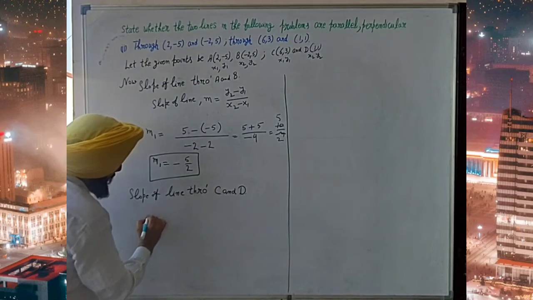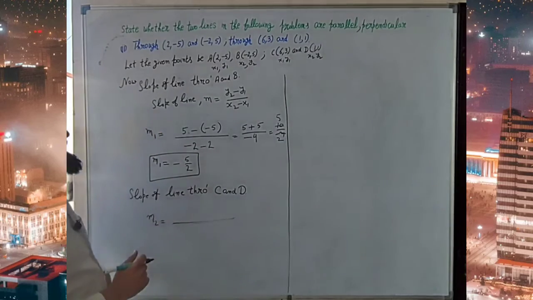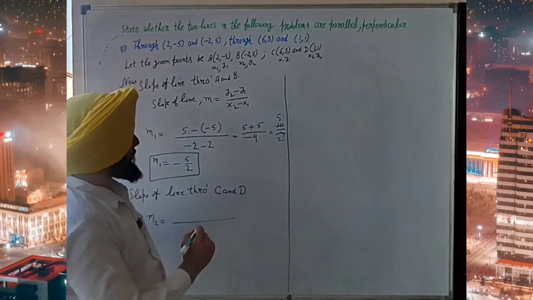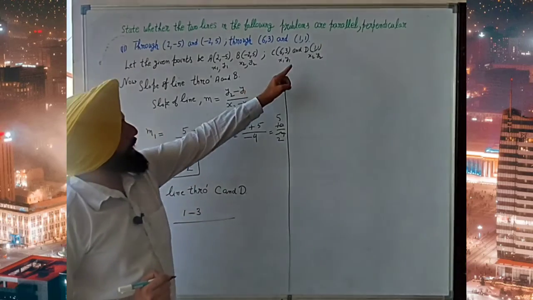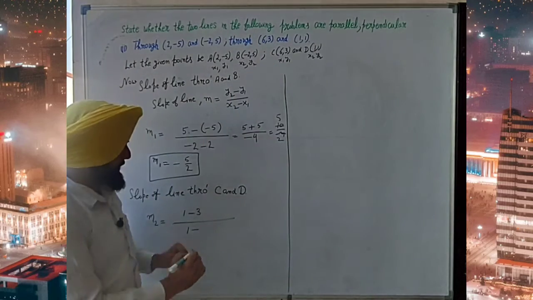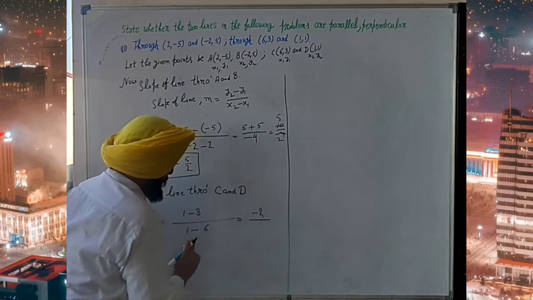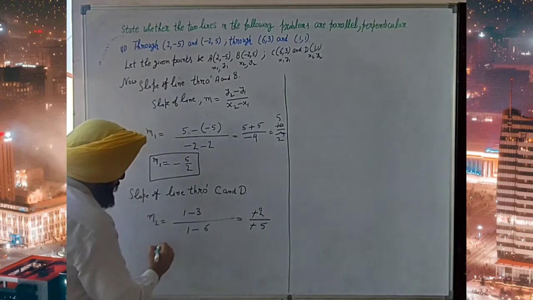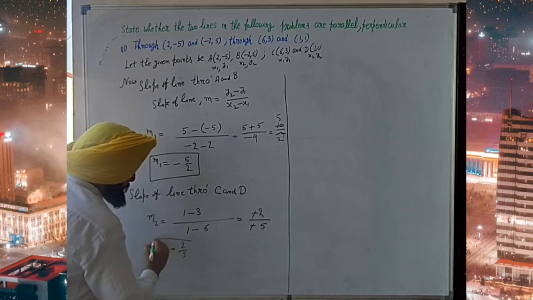So m2, slope of a second line, y2 minus y1, that is 1 minus 3, x2 1 minus x1 6, and it becomes minus 2 over minus 5, minus minus cancel. So m2 equal to 2 over 5.